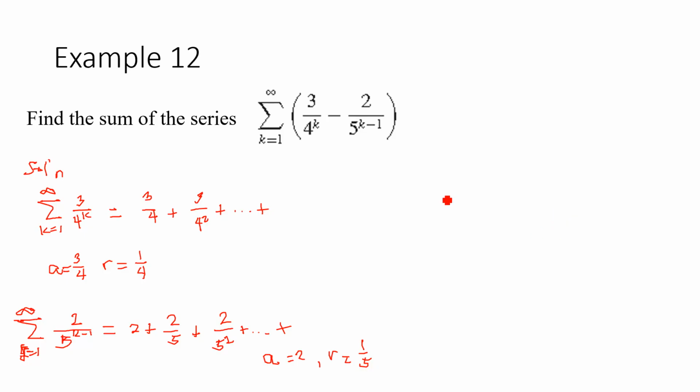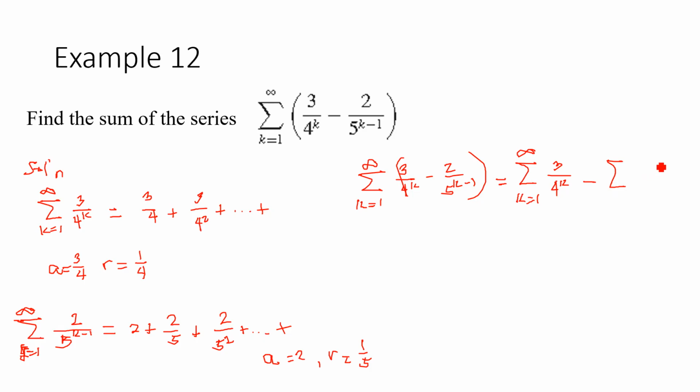And the difference rather, so you have this one, 3 over 4 raised to k minus 2 over 5 raised to k minus 1, k from 1 to infinity, is just equal to the summation of 3 over 4 raised to k from 1 to infinity minus the summation of 2 over 5.